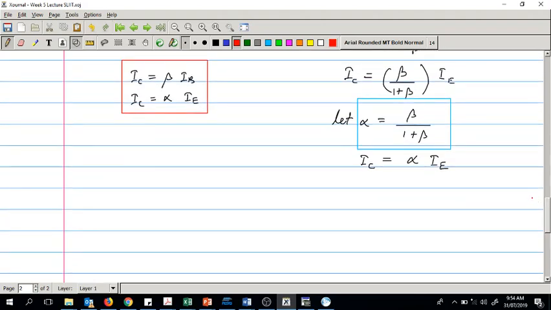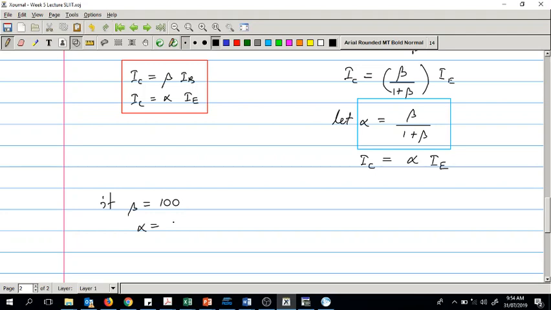Now what about this alpha? Let's assume if beta equals 100, what is the value of alpha? Calculate. You can't do it in your head, right? How much is it?